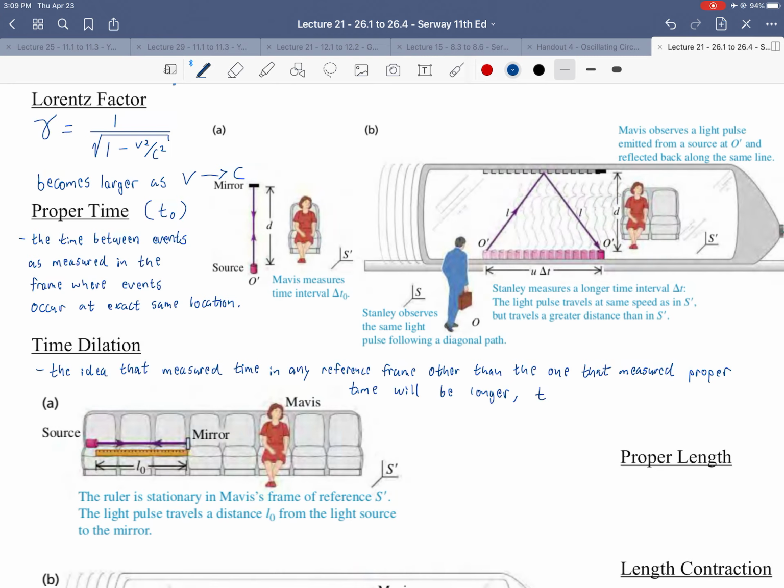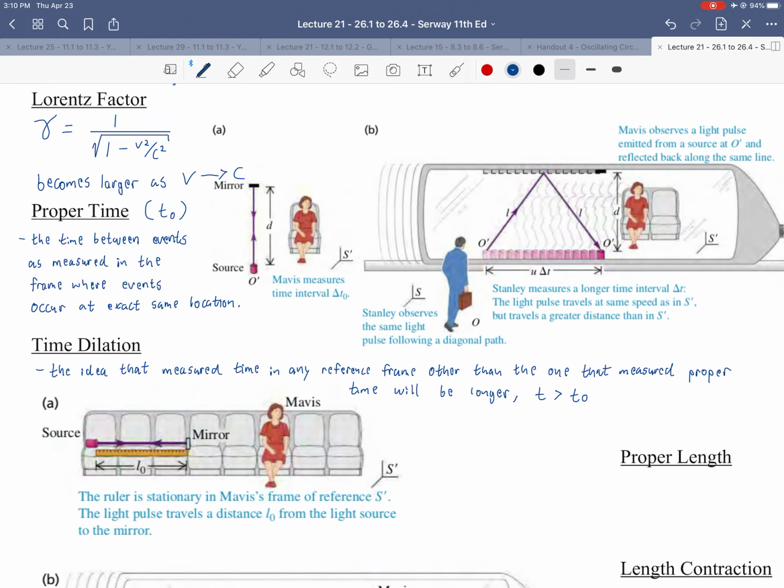So in other words, t, that's measured time in any reference frame other than the reference frame that measured the proper time, will always be larger than t naught. So t is always larger than t naught. That's the absolute inequality here.